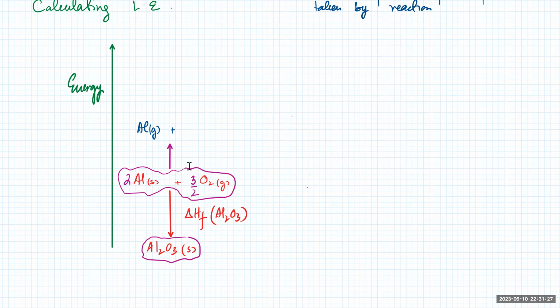First, I've got aluminum solid, and I've atomized it. That's the enthalpy change of atomization, because if I want to make a lattice, I would have to first break the previous bonds that exist between elements. I haven't touched the O2 molecule yet, so this is O2 gas as it is.